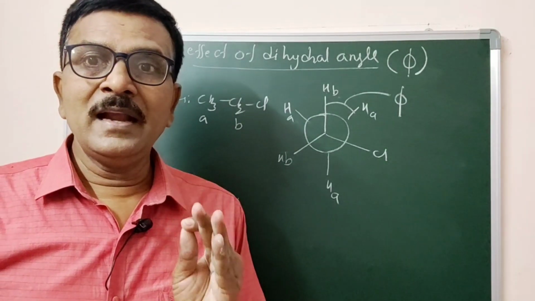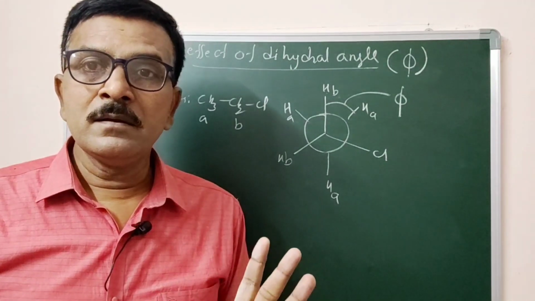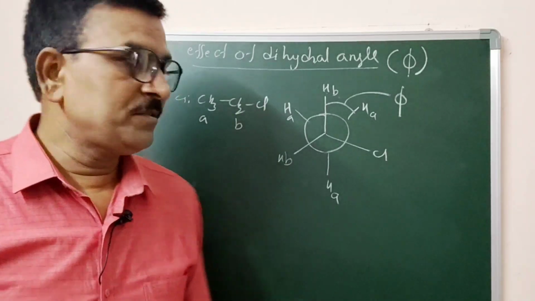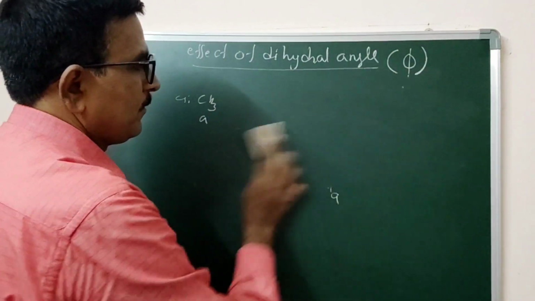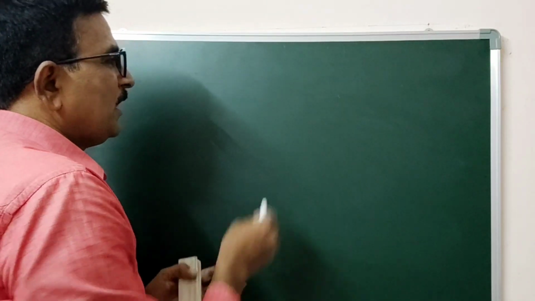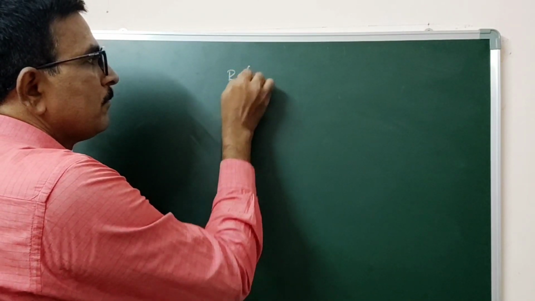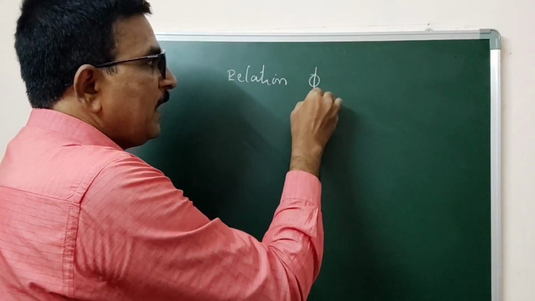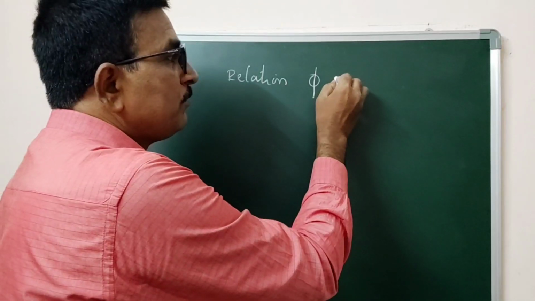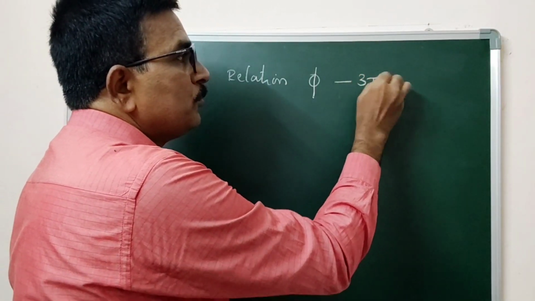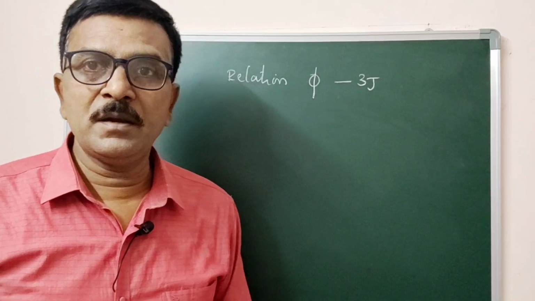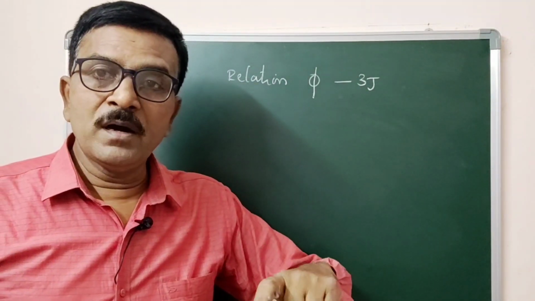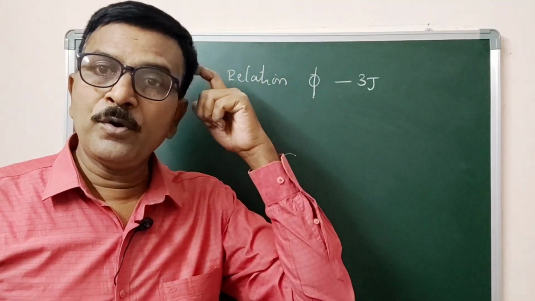Now the exact relationship between the dihedral angle and the vicinal coupling constants: vicinal coupling constants are represented with 3J, where 3 stands for the number of bonds between the coupled protons.